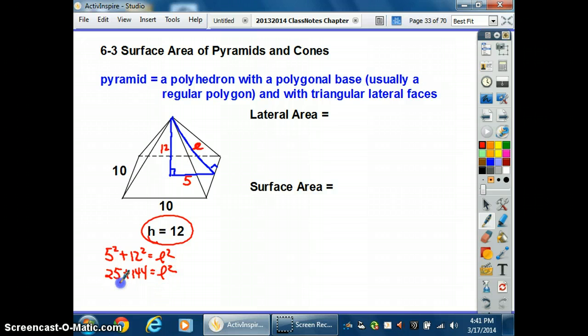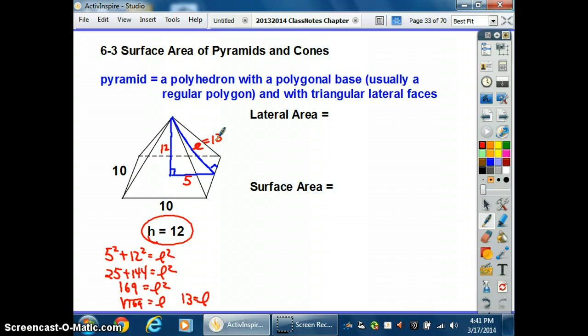I think that's 169 equals L squared, or the square root of 169 equals L, or 13. So the slant height here equals 13.